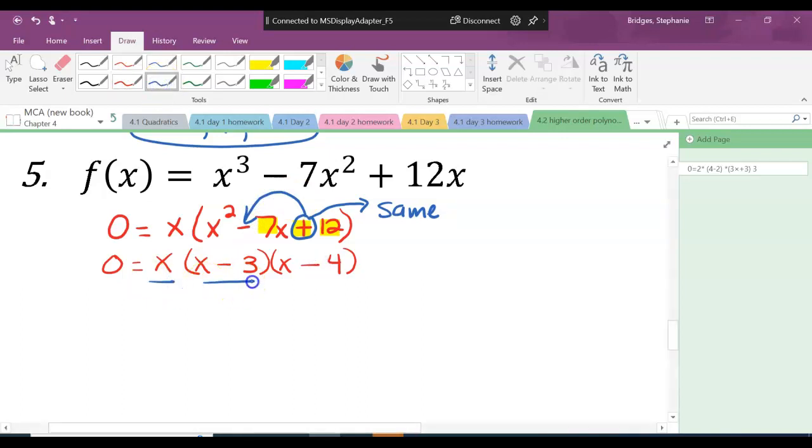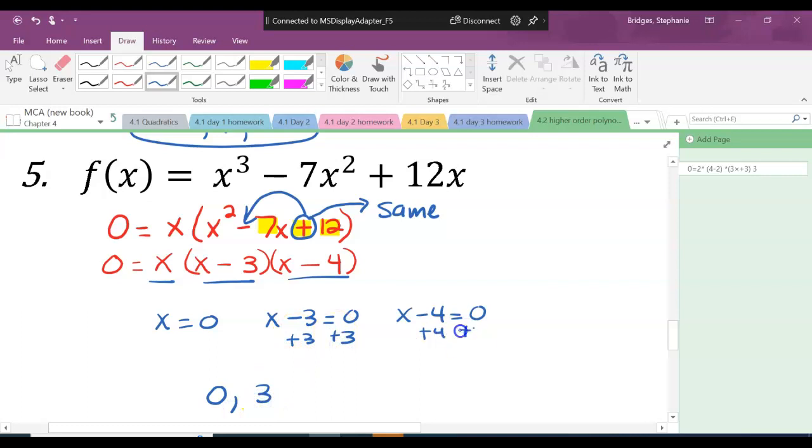And then I'm going to set each one of these equal to 0, and I'm going to solve them for x. And if I look at my original function before I did anything, the highest exponent is what? 3, which means I should have 3 answers. Does it look like I'm going to have 3 answers? Yeah, I got 0, I got 3, and I got 4.